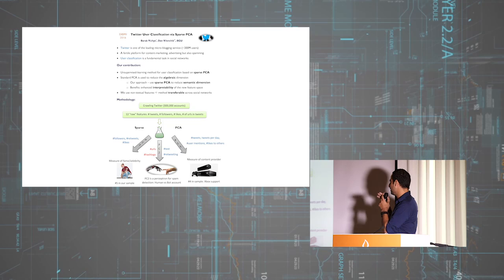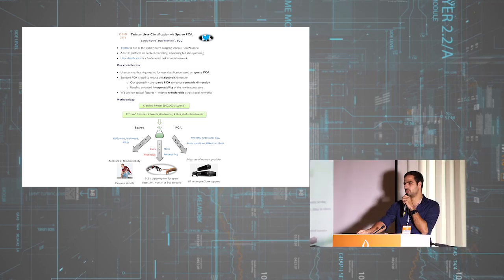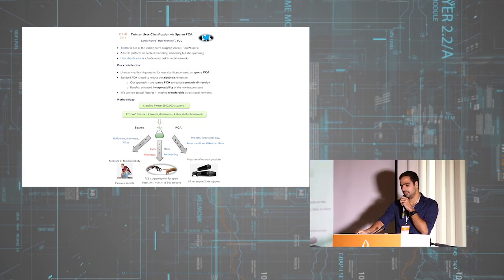We got the first PC that indicates how popular the user is on the network. The second PC, which I'm calling bot versus human, according to the user activity, whether he's a robot or a human. And the third PC shows us how much of a content provider the user is.